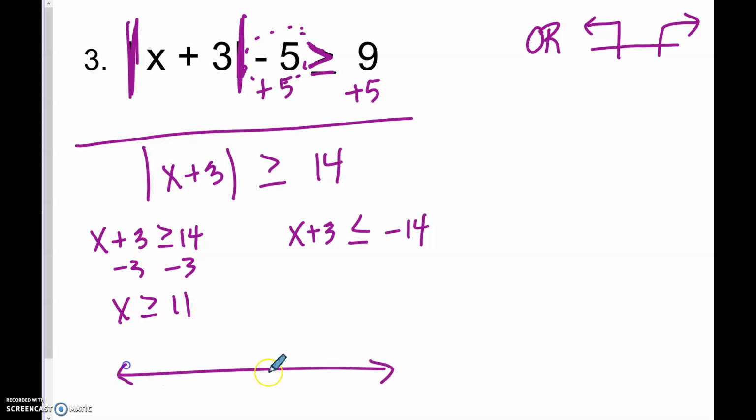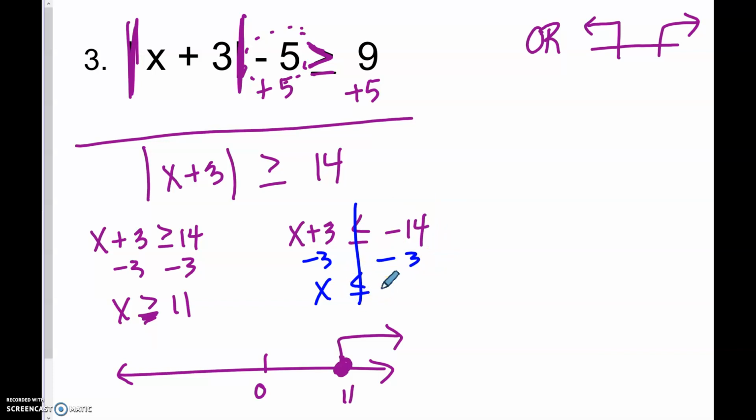So on my number line here, put my 0, have my 11. It has an equal to underneath, so we're going to have a closed circle here, and any number is greater than, so it's going to the right. And on the second side over here, we're going to subtract 3, subtract 3. Again, please remember to use your calculator so you get this math right.